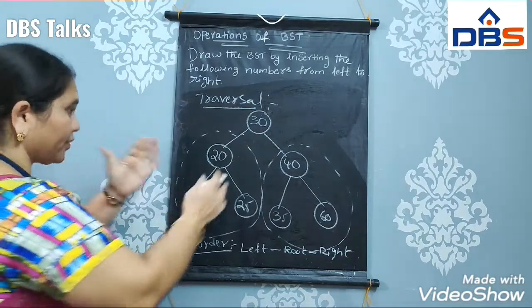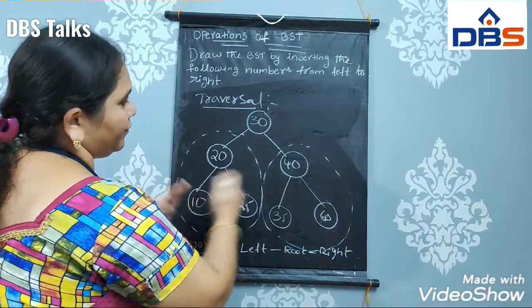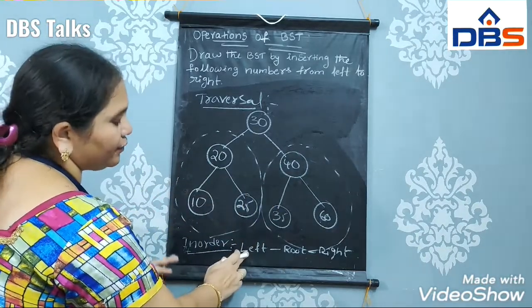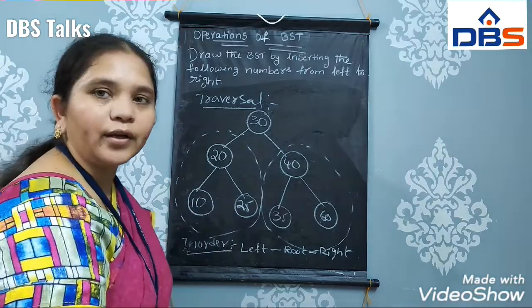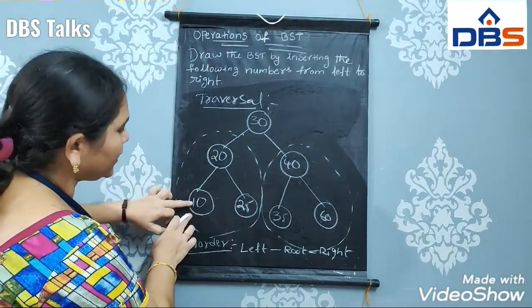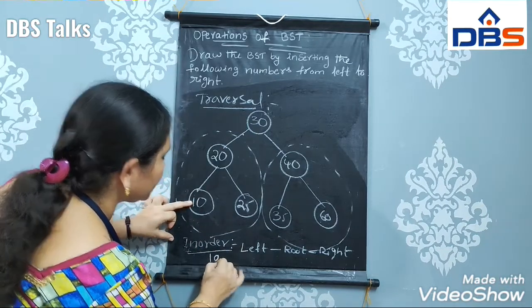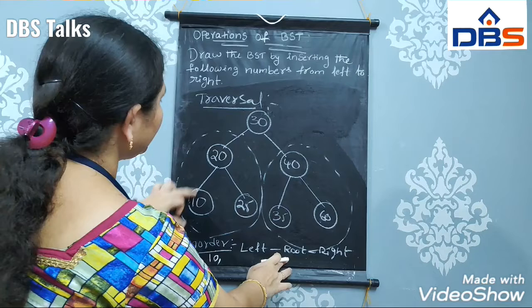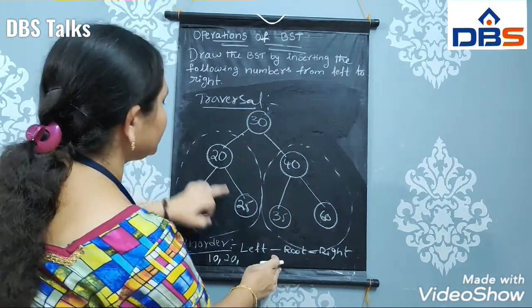So, take this BST. In these two subtrees, left and right, first we perform the left subtree according to in-order. Left, root, right. So, what is left? Left is nothing but 10. Root is 20.